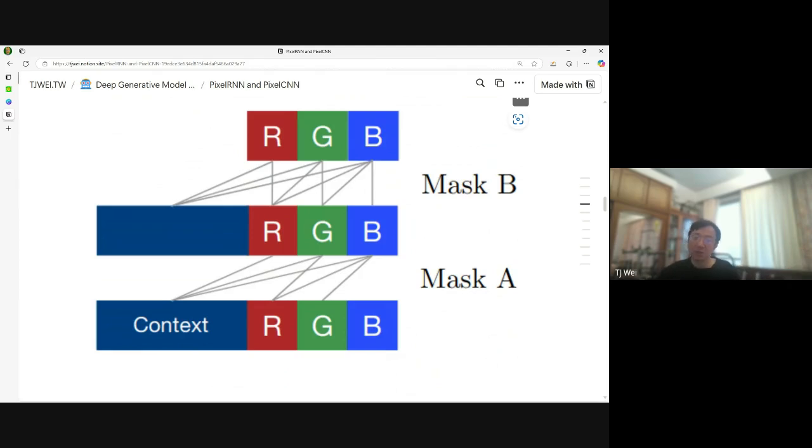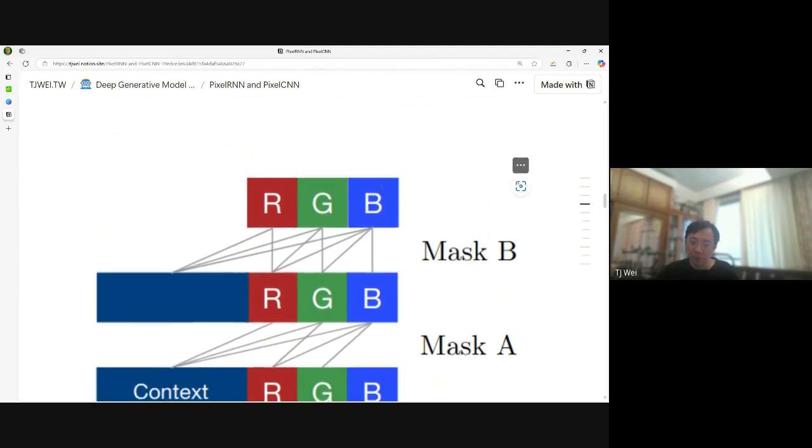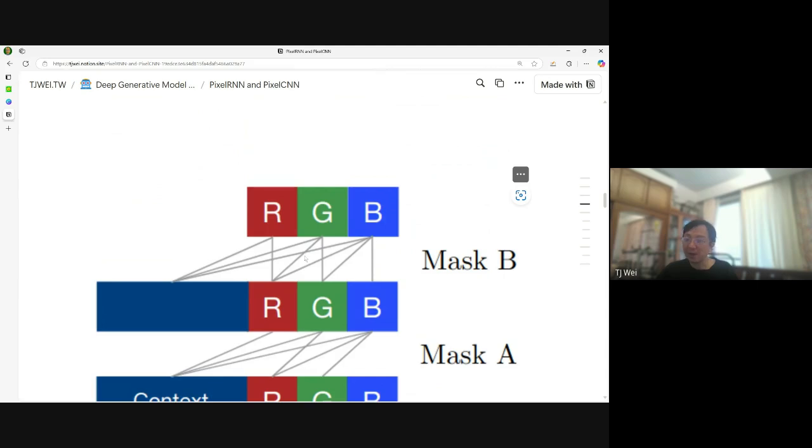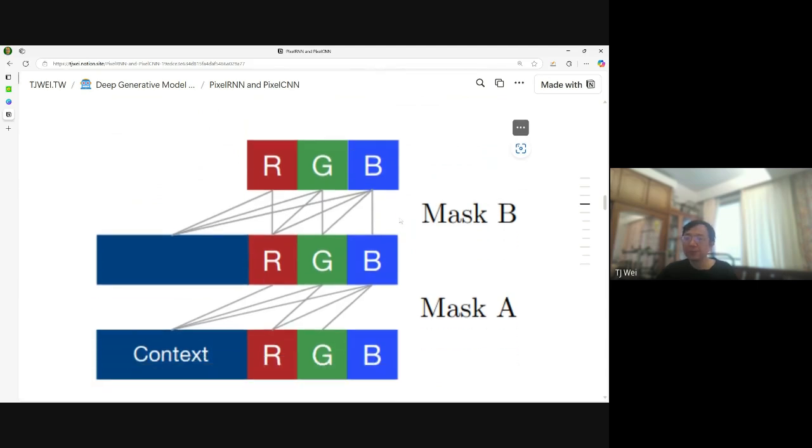So it makes sense to consider RGB as separate elements, because each of R, green, and blue has 256 possible intensity values.